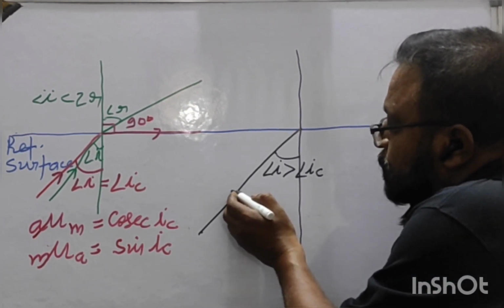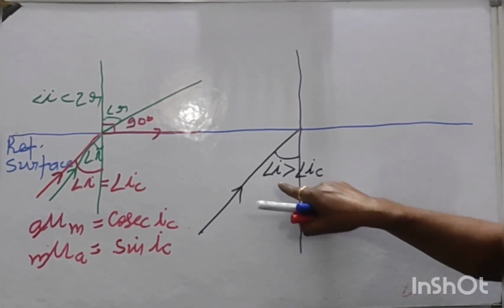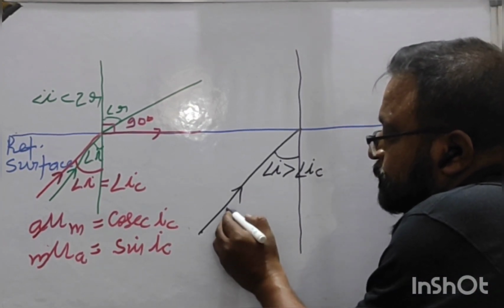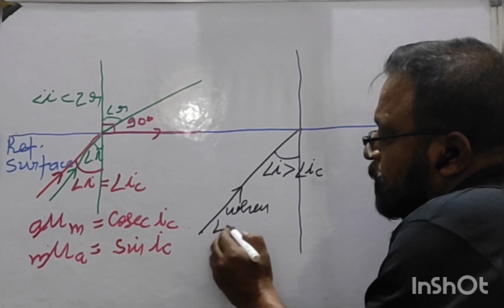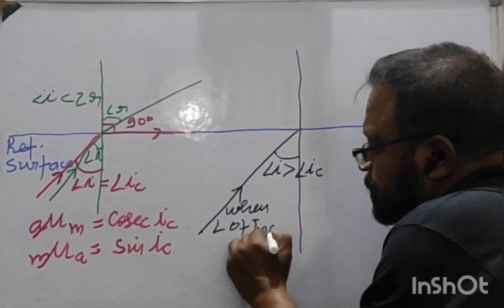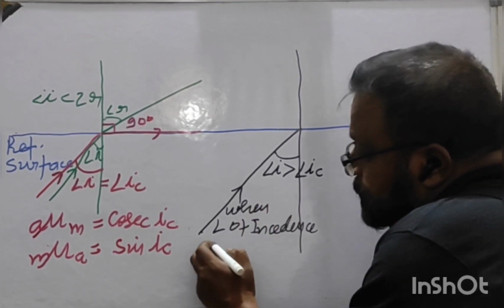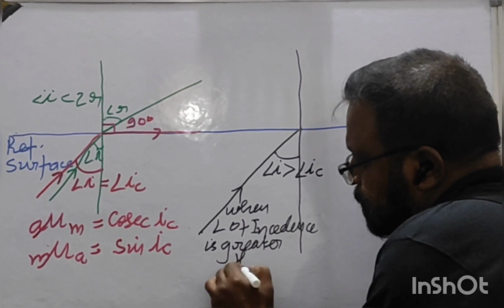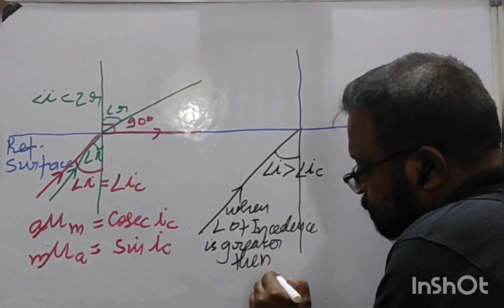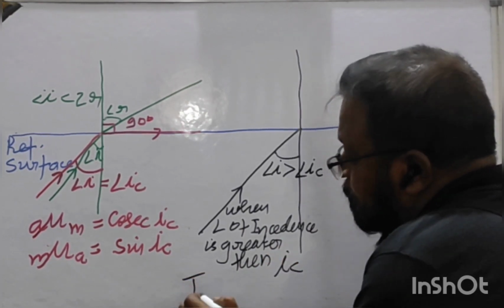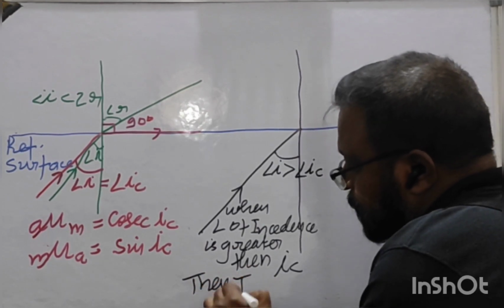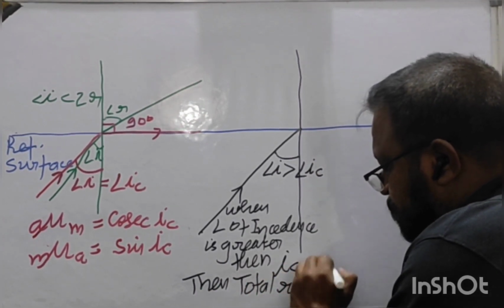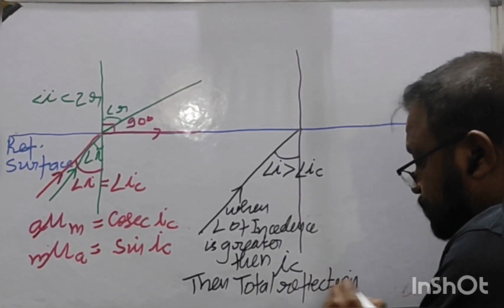What I have told you: when the angle of incidence is greater than the critical angle, then total reflection occurs, right? Total reflection occurs.